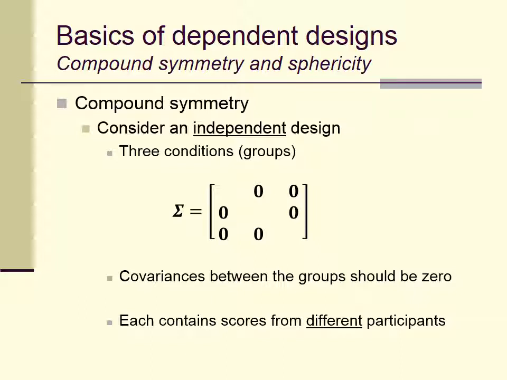In the sample, they might be non-zero, but we'd expect them to be pretty small because, again, each group contains different people. So the score that participant 1 has in group A shouldn't really be in any way related to the score that participant 5 has in group B, because those are, again, different people.